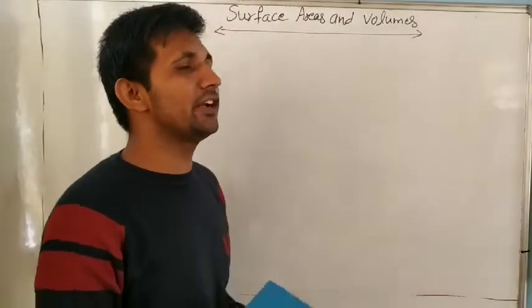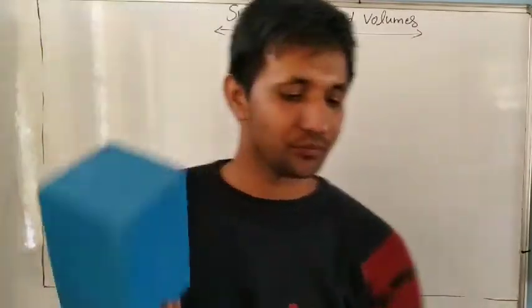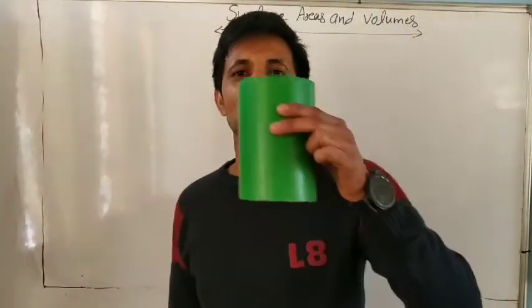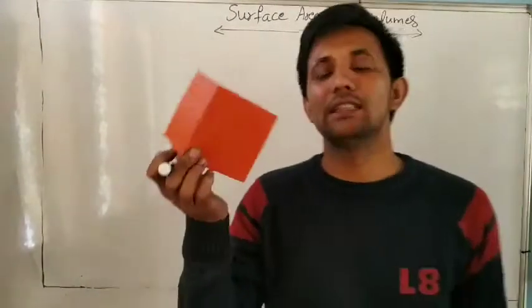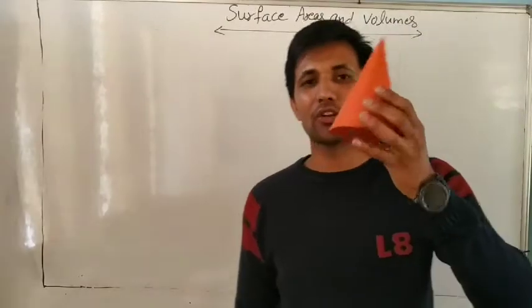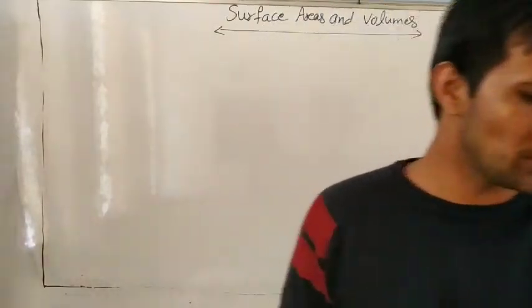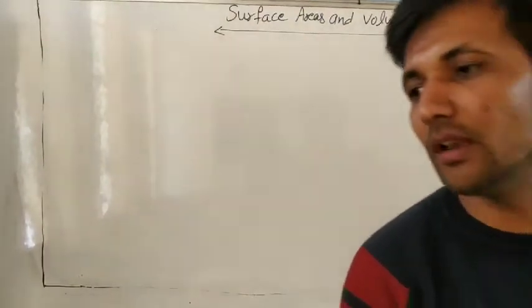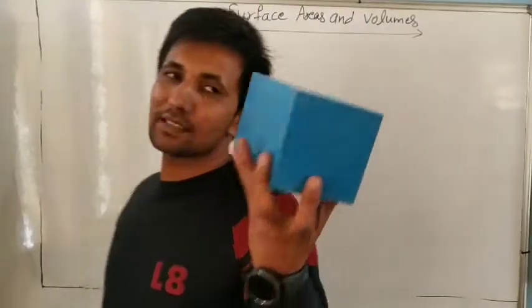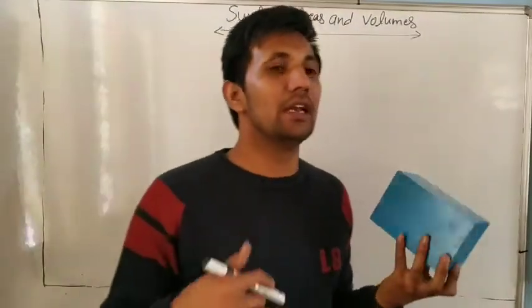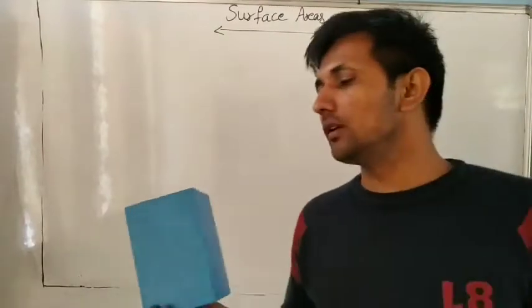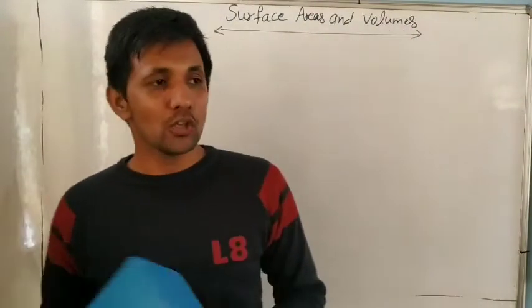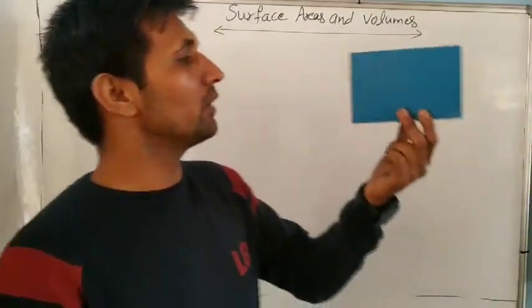There are many 3D objects: cuboid, cylinder, cube, and cone are all 3D objects. Now we will learn how to find the surface area, lateral surface area, and volumes of all these figures. First we will start with the cuboid.